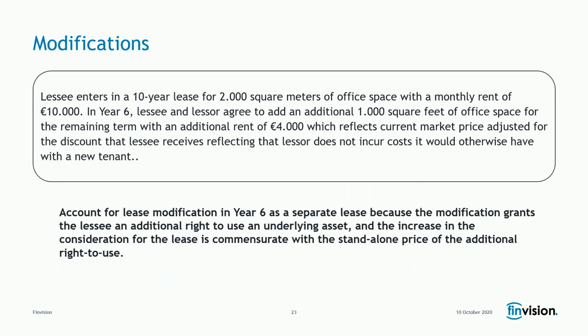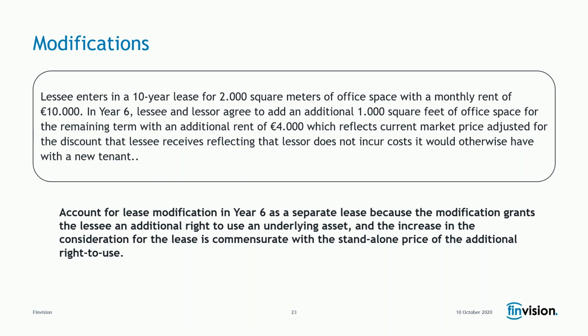So here is a straightforward example, one that can happen a lot. I have a lease of an office space, and I'm renting 2,000 square meters, one floor, and I'm paying a monthly rent of 10,000 euro to the lessor. It's a 10-year, non-cancelable lease, and in year 6, because we have grown a lot, we agree to lease an additional floor of 1,000 square meters for the remaining period of time.